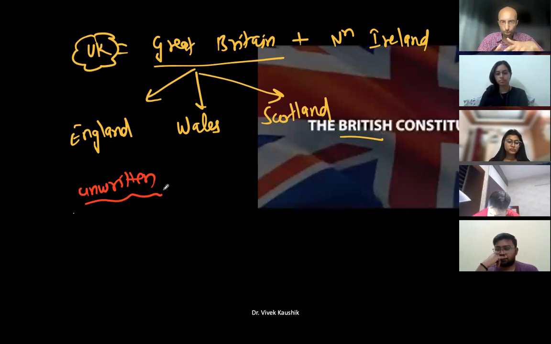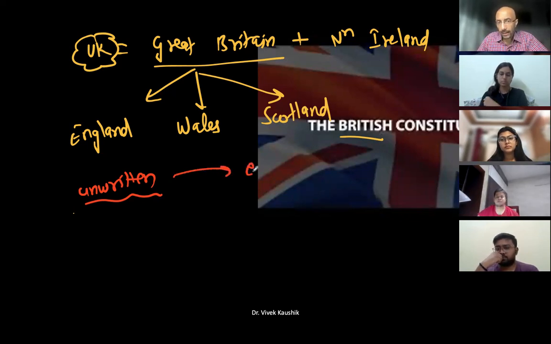So the British Constitution is spread over multiple laws, charters, conventions, and judicial orders. All of them together are considered the British Constitution. That makes it an unwritten constitution, like New Zealand, like Israel. Now, because it is an unwritten constitution, it can't be an enacted constitution.